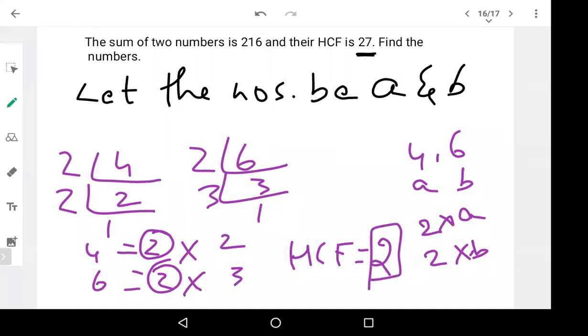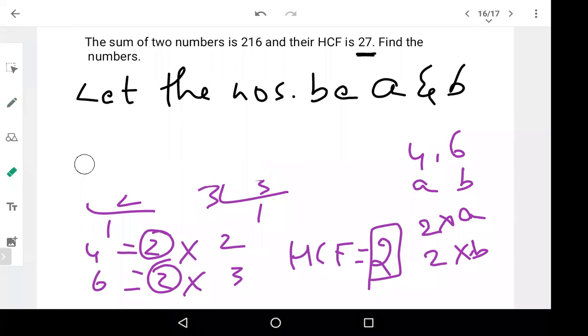I have got HCF as 2, and I am multiplying this 2 with A and with B also. Everybody will agree with this? Did you all understand this part? So when you get an HCF, because it is the common factor, you can multiply that with the numbers given in the question.